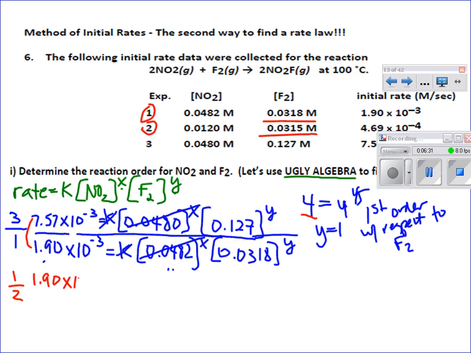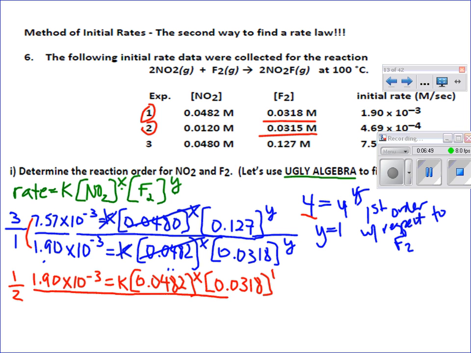1.90 times 10 to the negative third equals k times 0.0482 to the x times 0.0318. I can put y here, or I know it's 1 now, right? Okay.